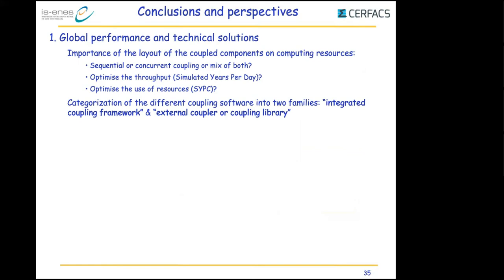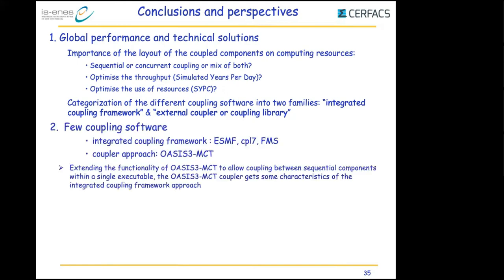In that part, I also proposed a first categorization of the different coupling software into two families that I call the integrated coupling framework approach, and the other, which I call the external coupler or coupling library. And then I described a few coupling software. For the first category, I described ESMF, CPL7, and FMS used in the States. And then I spent more time giving details on OASIS3-MCT, which is one representative of the coupler approach.